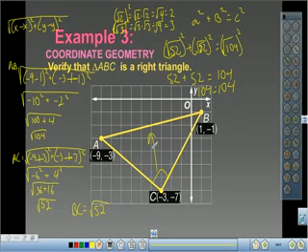The square root of 104 times the square root of 104 is 104. So when I look at this, what's 52 plus 52? 104. Does 104 in fact equal 104? Yes, so by using the converse of the Pythagorean theorem, we learned that this is a right triangle. Now, which angle would be your right angle? Yeah, angle C would be your right angle because it has to be across from the hypotenuse.